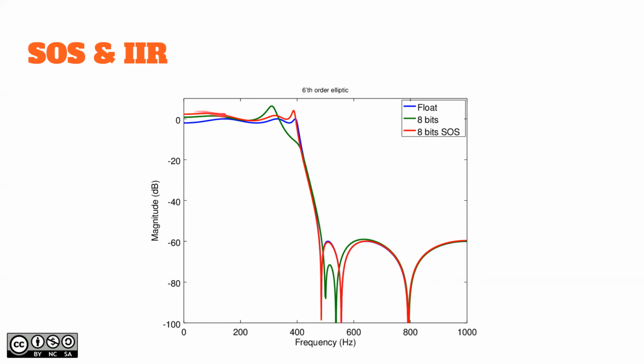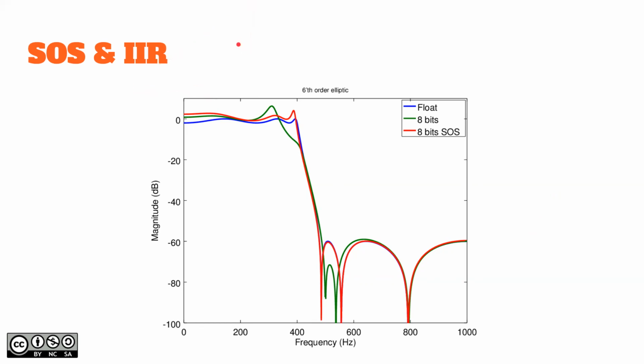As we can see, the red one using the second order systems is much closer to the original than the 8 bits without the second order system. So that's the direct form system.